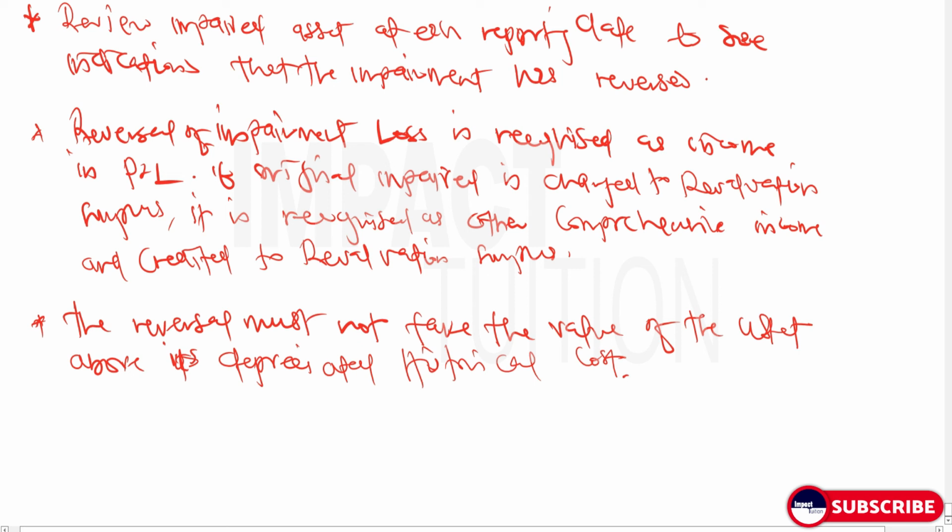This means the amount it would have been if the original impairment had never been recorded. The depreciation that would have been charged in the meantime must be taken into account. And then the final thing to note is that the depreciation charge for future periods should be revised to reflect the changed carrying amount.